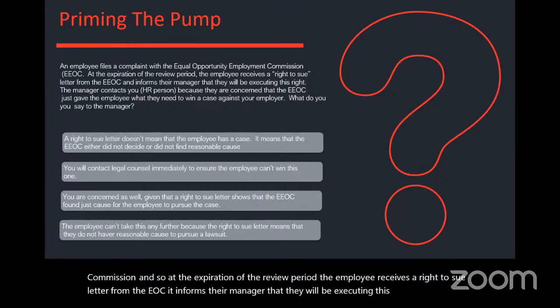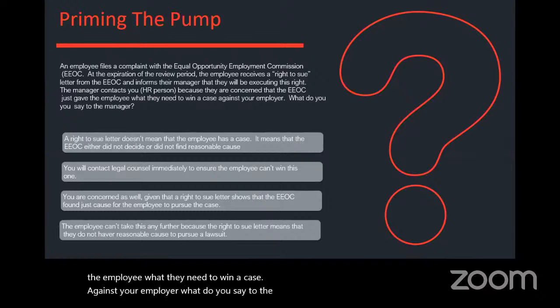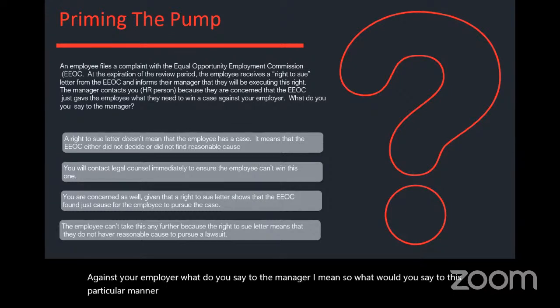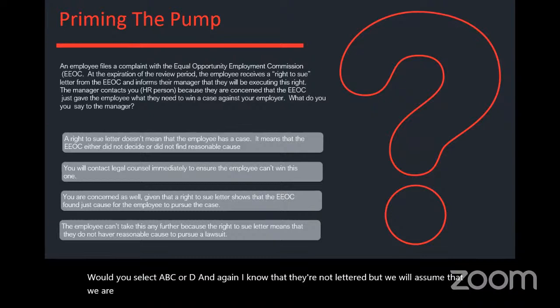The manager contacts you as the HR person because they are concerned that the EEOC just gave the employee what they need to win a case against your employer. What do you say to the manager? So what would you say to this particular manager? Would you select A, B, C, or D? And again, I know that they're not lettered, but we will assume we are going in alphabetical order here. So A, B, C, or D.